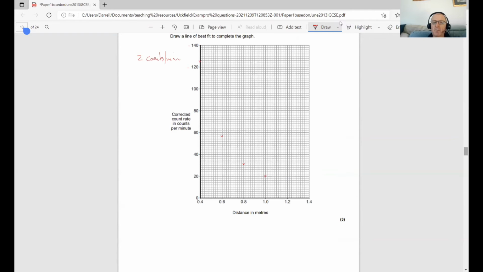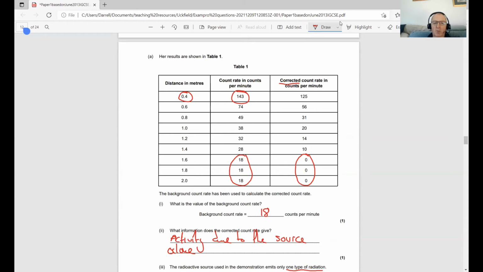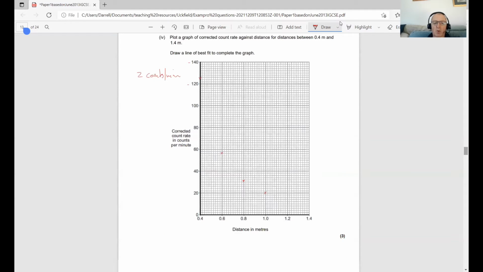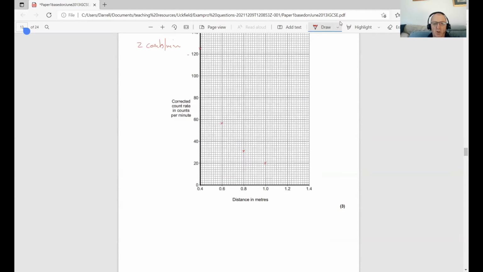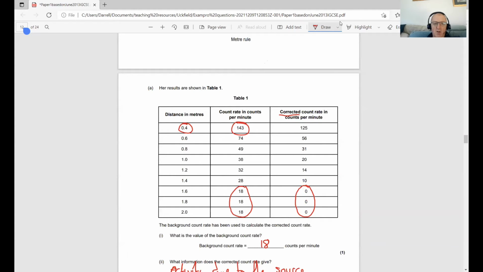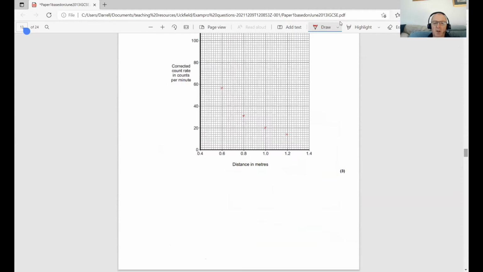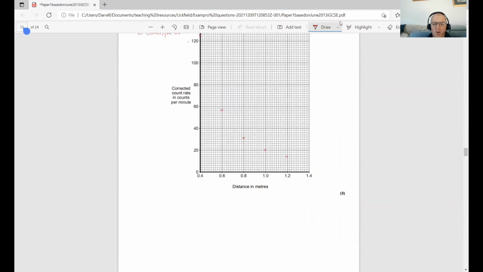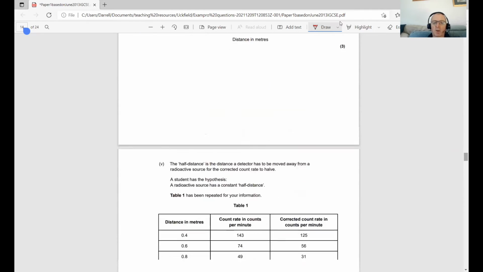That was easy. 1.2 is 14: 2, 4, 6, 8, 10, 12, 14. 1.4 is 10, and that's where we're asked to stop: 2, 4, 6, 8, 10. So there we have our points plotted.